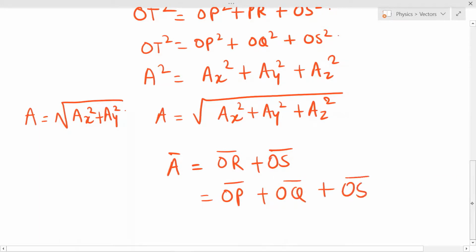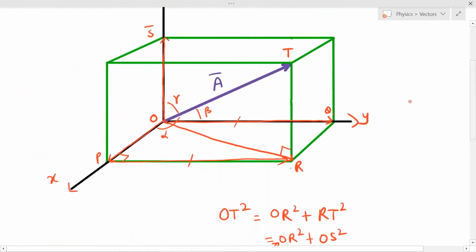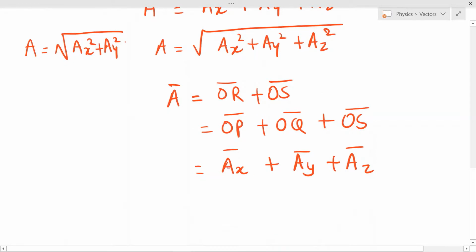You can see OP, OQ, OS are the vectors along X direction, Y direction and Z direction. So these are the sub-vectors along X, Y and Z directions.